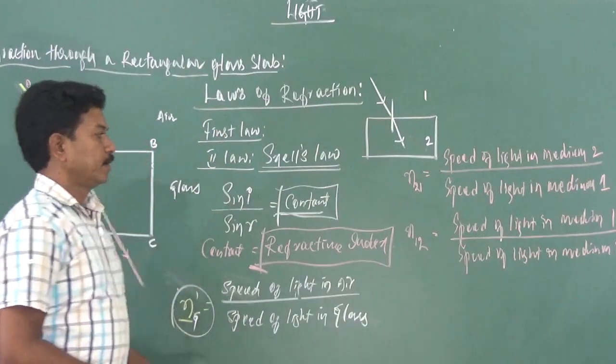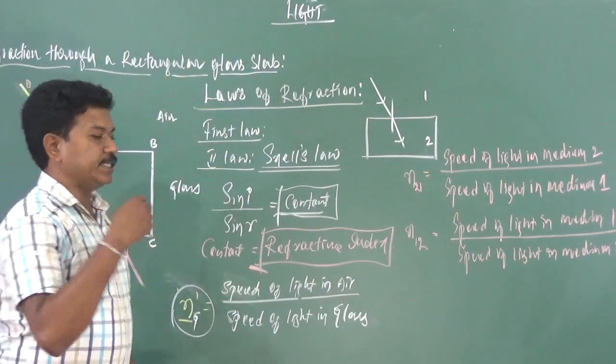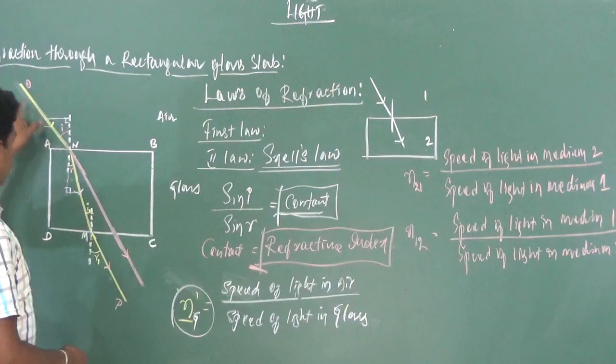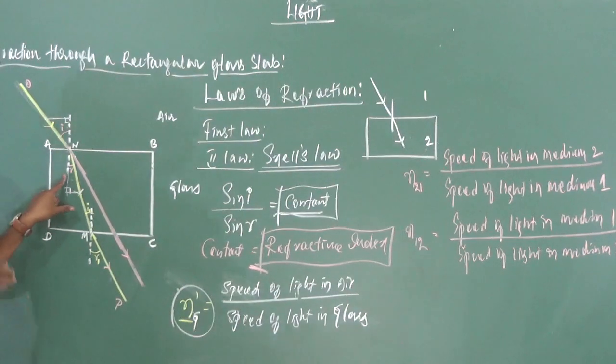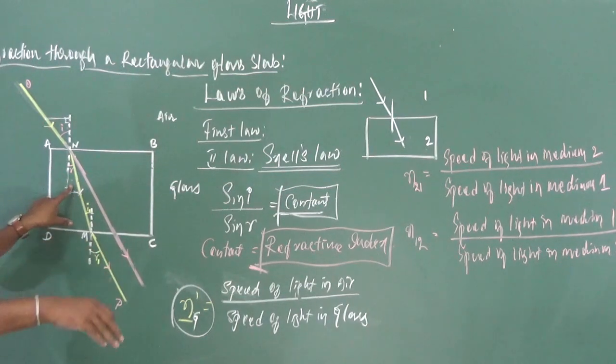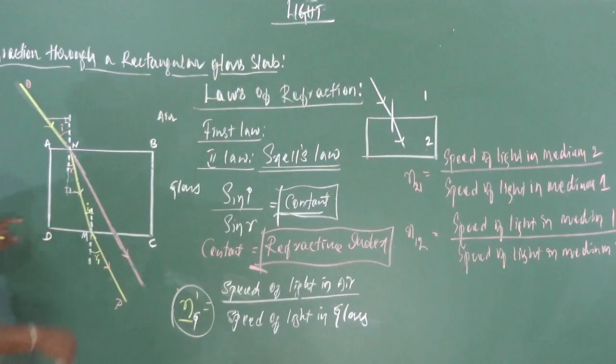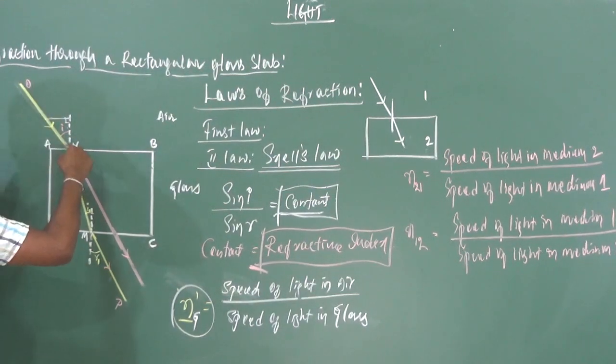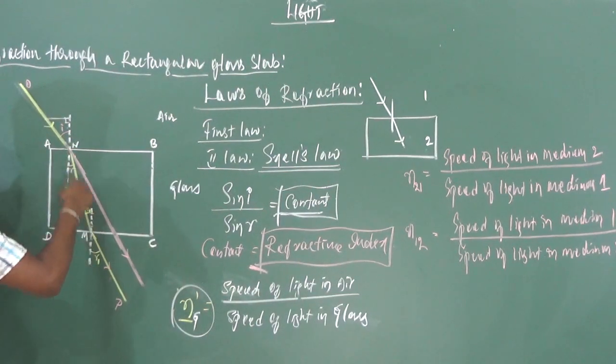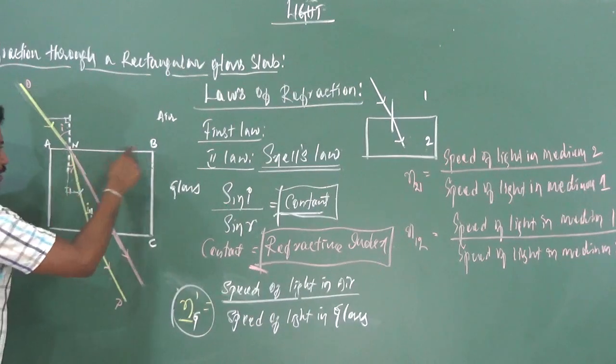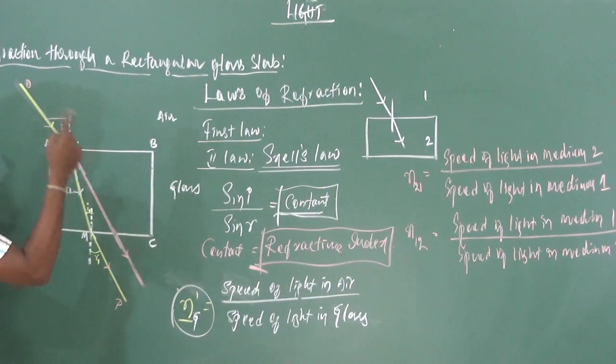So what is the change in speed? Whenever the light ray enters from one medium to another medium, the amount by which the speed changes in the second medium is the refractive index of that medium with respect to the first.